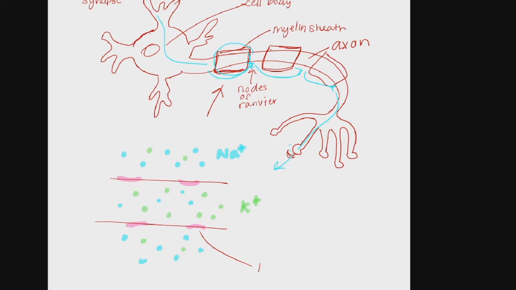Some of them are potassium leak channels or potassium gates. Some of them are sodium gates or channels. And we also have potassium gates and channels.